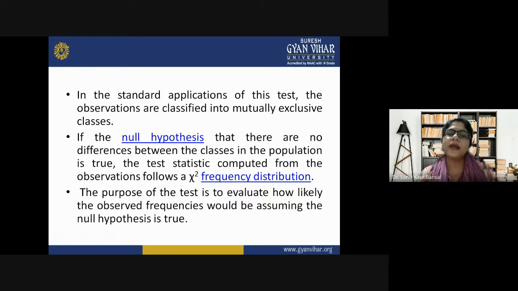But somehow you find a difference in the observed frequencies, so you are finding out how significantly different it is or not. Just understand, we are not looking at the difference of mean or standard deviation; we are looking at the difference of frequency distribution. Chi-square is used to evaluate how likely the observed frequencies would be, assuming the null hypothesis is true or not.